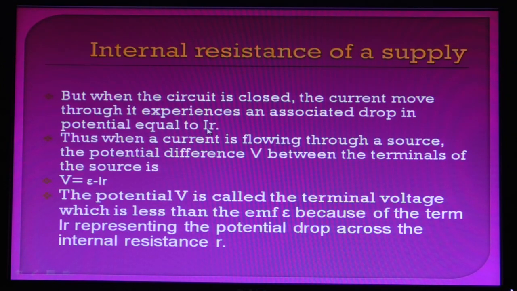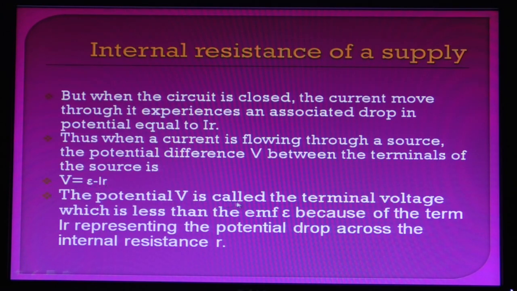But when the circuit is closed, the current moving through it experiences an associated drop in potential equal to Ir. Obviously, when the circuit is closed, current I passes through the circuit, and there the potential is dropped, and that drop in potential is given by I into small r. Thus, when a current is flowing through a source, the potential difference V between the terminals of the source is V is equal to epsilon minus I into r.